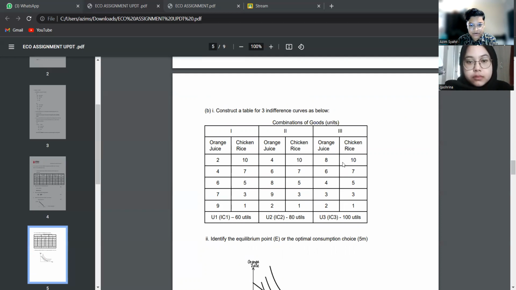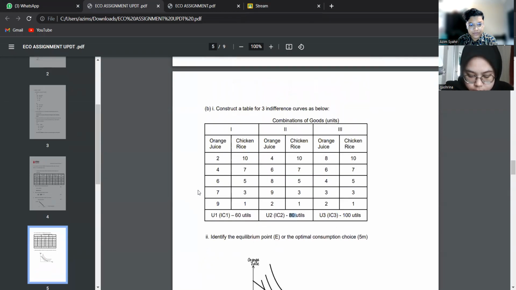So we filled it up according to the levels of satisfaction. As you can see, 24679, 46892, then 86432. So this is all to get back the 60 utils, 80 utils, and 100 utils. As you can see, it's on an increasing rate, which will suit the amount of utils we get.